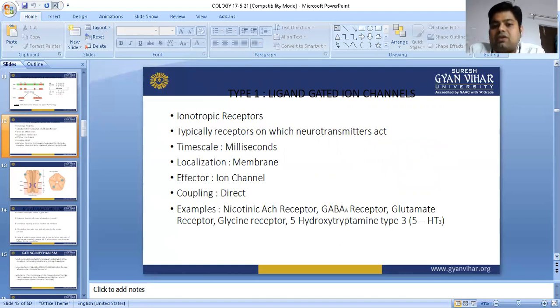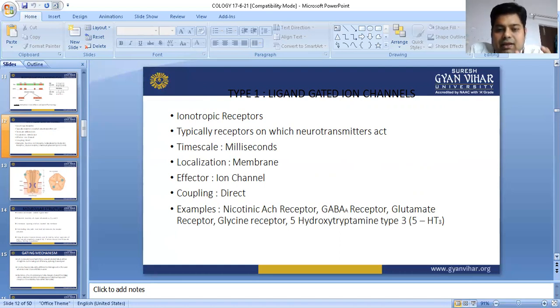The examples are very important, because in many competitive exams questions are asked like: which of the following is a type of ligand gated ion channel, which of the following is a type of G protein coupled receptor. They give a few options, and among them there is one answer.